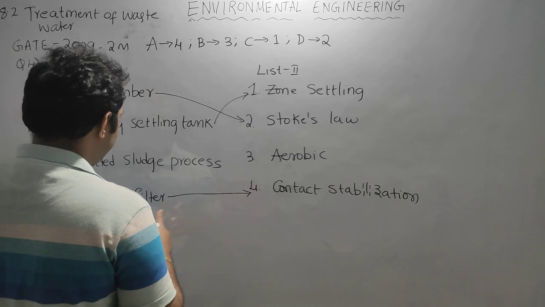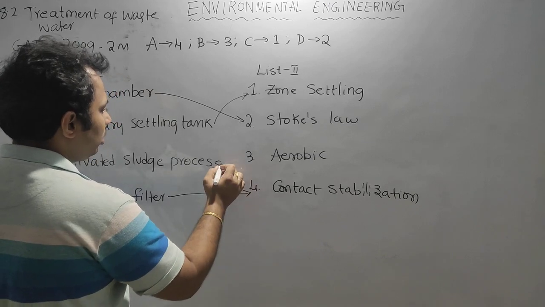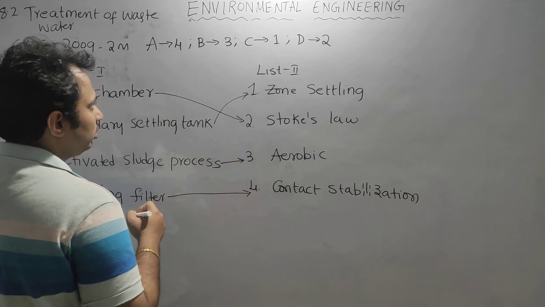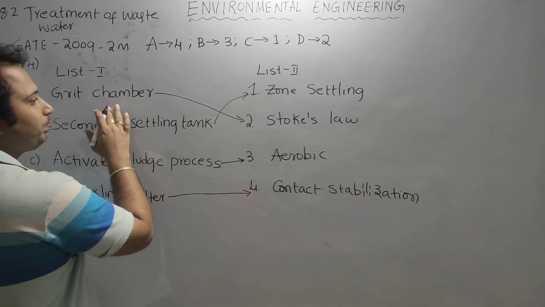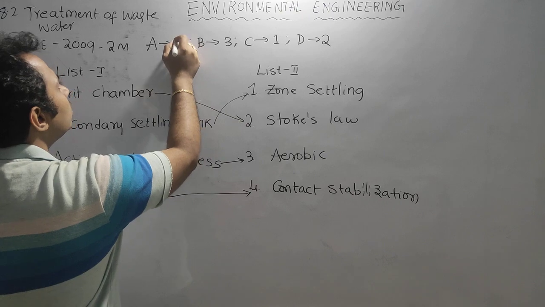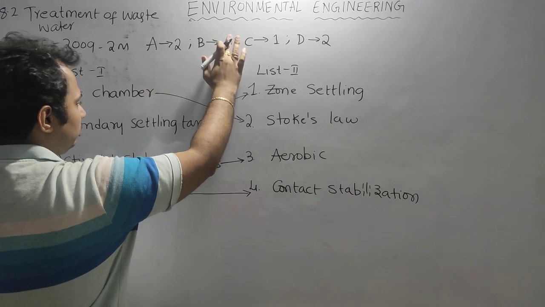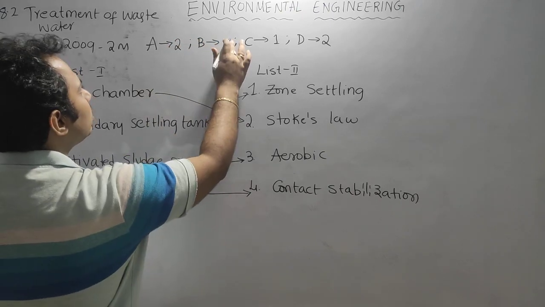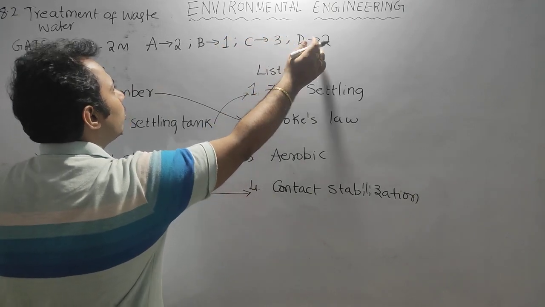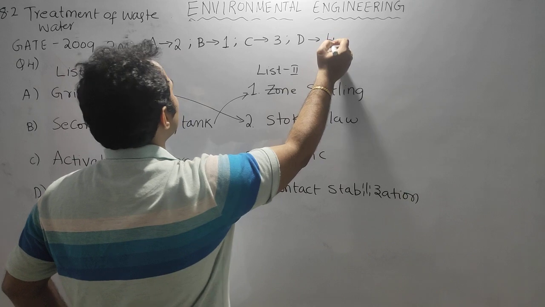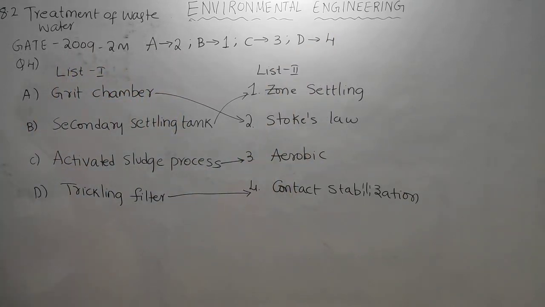So for trickling filter it is contact stabilization, and activated sludge process is the aerobic process. So for A it will be 2, for B it will be 1, for C it is 3, and for D it is 4. So 2 1 3 4 is the answer.